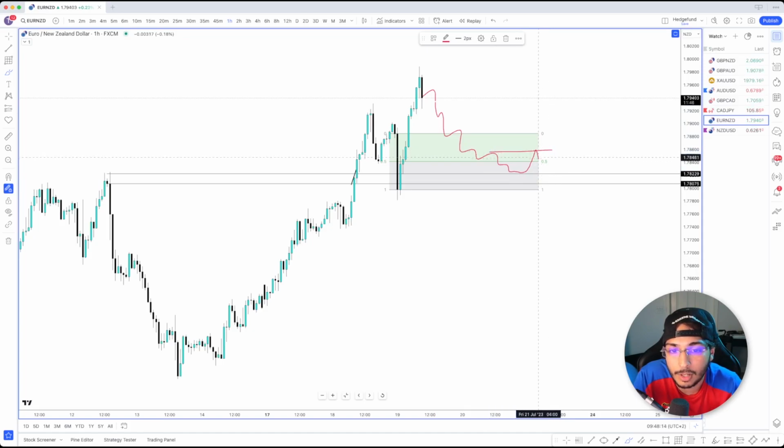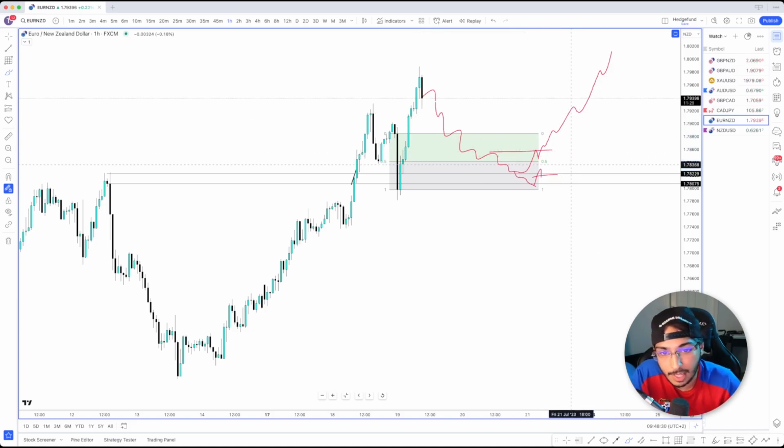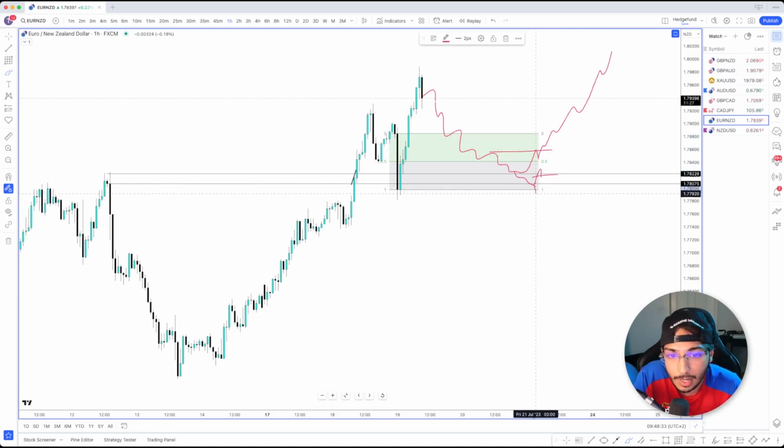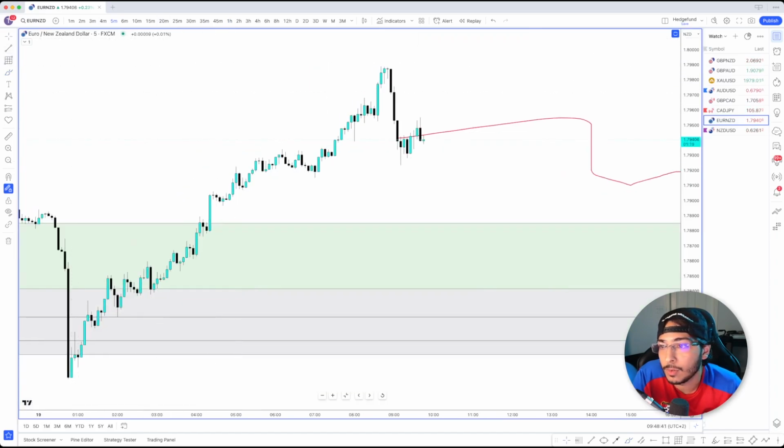If there's a break of structure, then for sure we can take it higher. But if we just continue and we don't have any break of structure, I'm not going to buy until I see the break of structure. And once the break of structure happens, any type of retracement I get, I'll take the buy. But if that doesn't happen and it just keeps showing signs of it going down, it'll probably break the low. So right now, what you've got to do is see if it makes sense for you to do that.